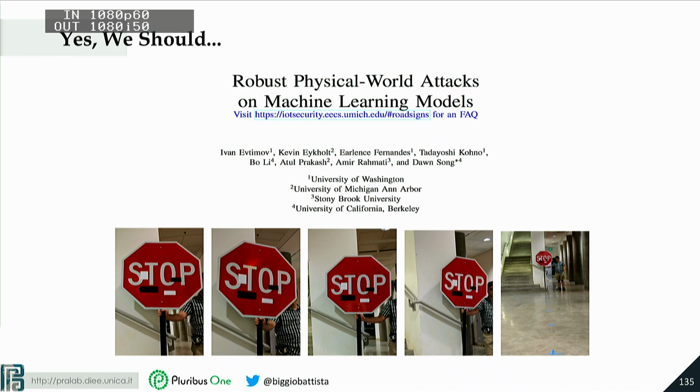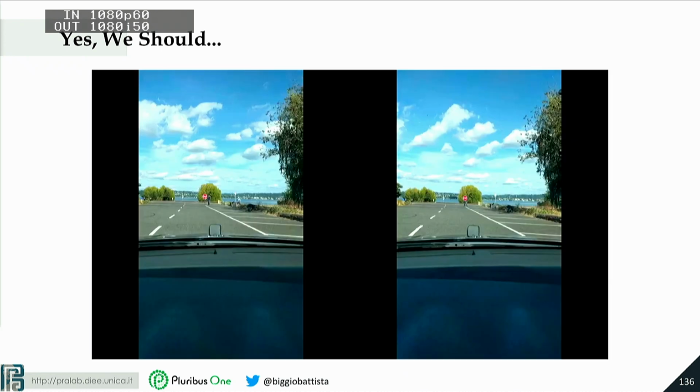So they wanted to create a noise resembling these stickers, which won't be suspicious to the policeman or to people just going around, right? So this is something more or less legitimate that you can find there. But if you apply these stickers, now a self-driving car may recognize this stop sign as a speed limit.